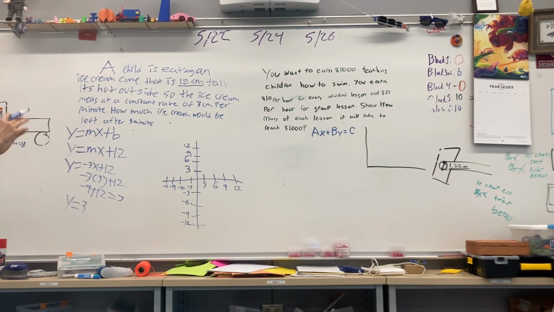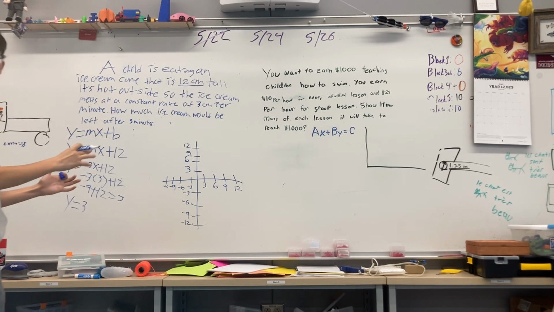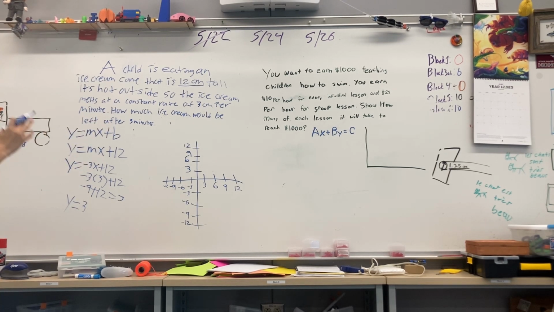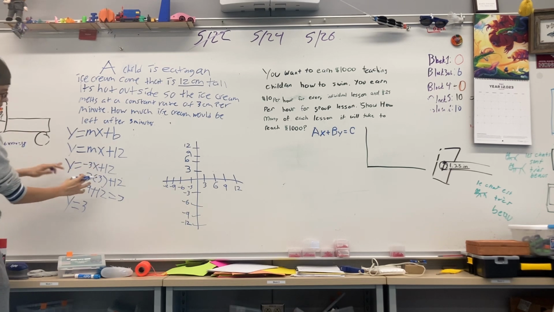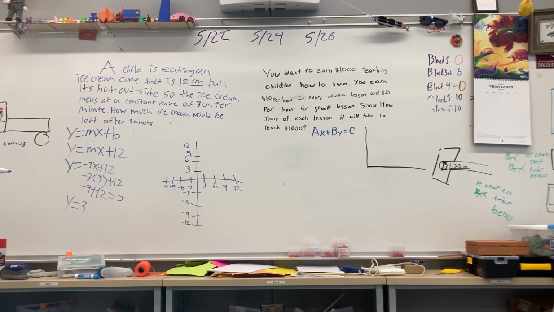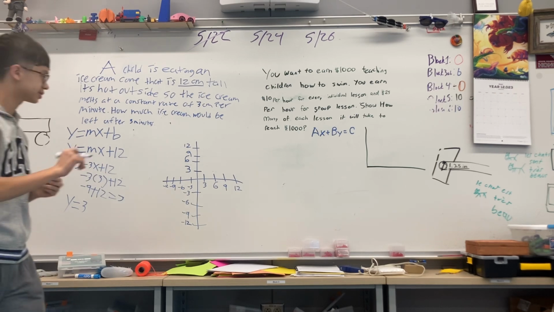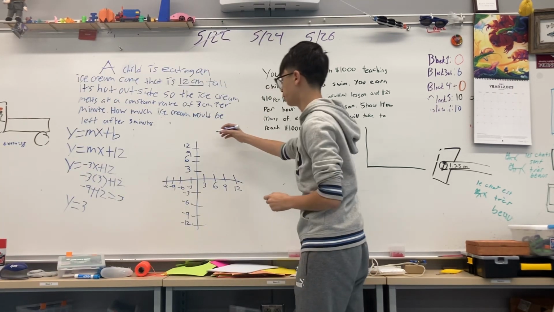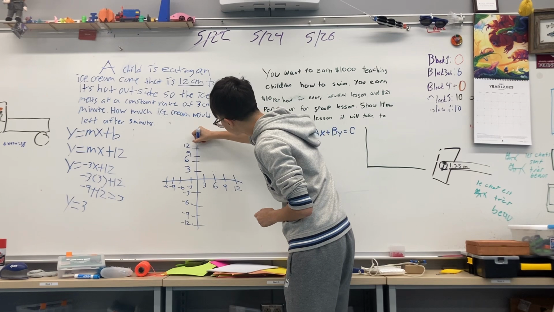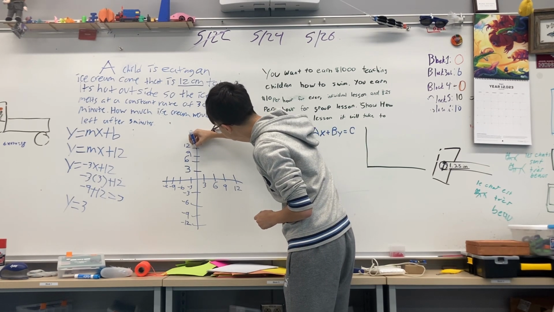Now, for the graphing part, we need to look at our equation. So we first need to begin with the y-intercept. The y-intercept is 12. So first, we put a point at 12. So that's our y-intercept.